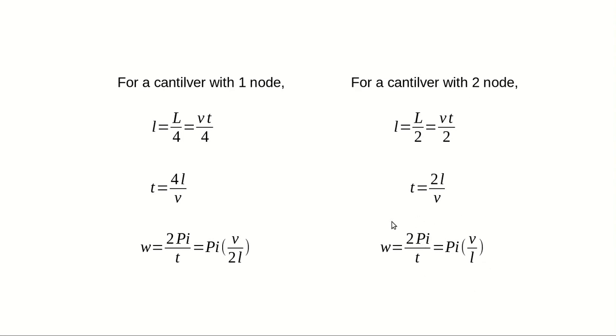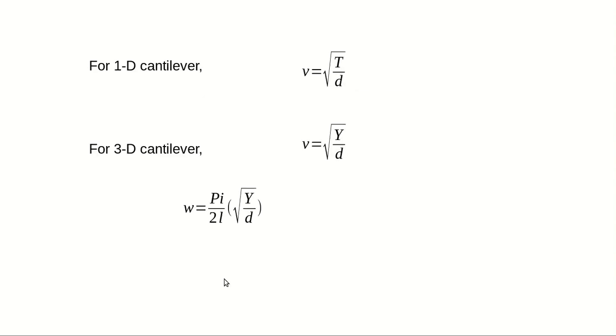As we have seen, omega is inversely proportional to L, and this is the constant, pi v by 2. But I cannot calculate v every time. So for a 1D cantilever I will substitute the value of v.